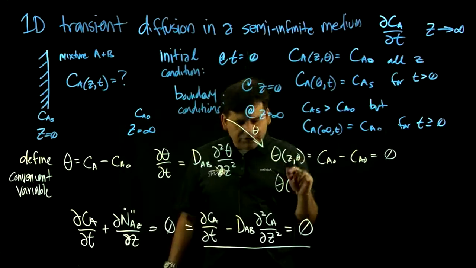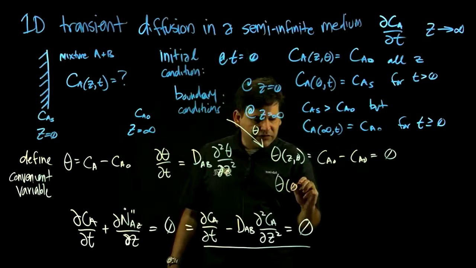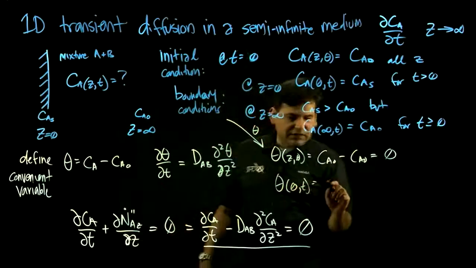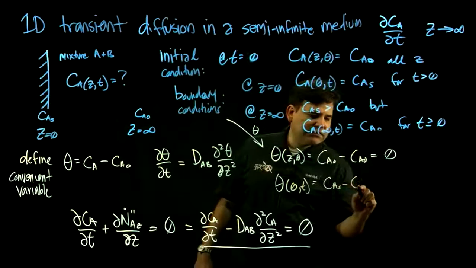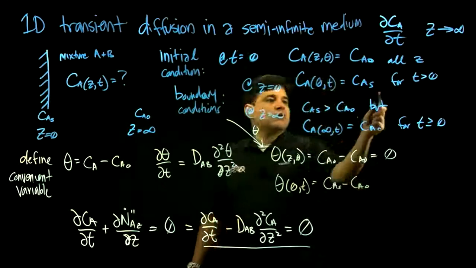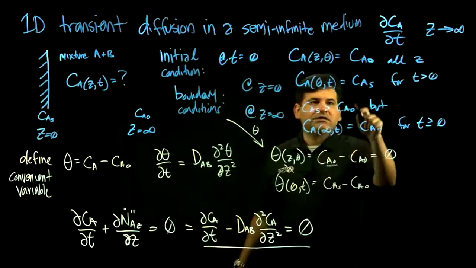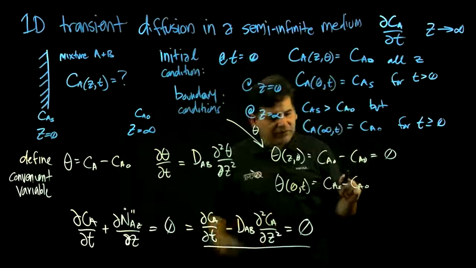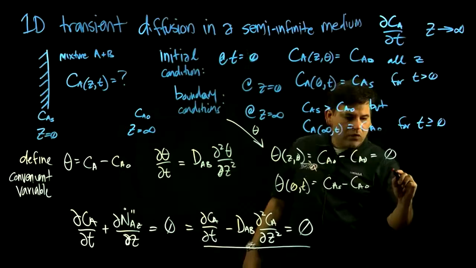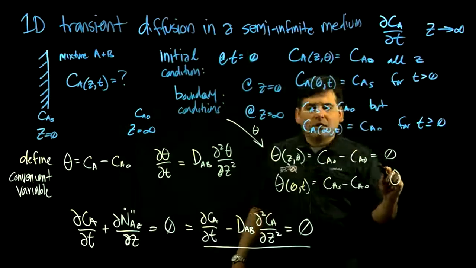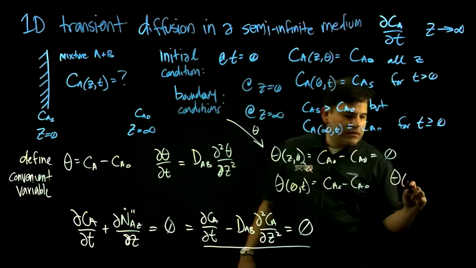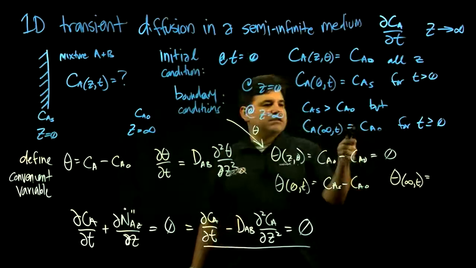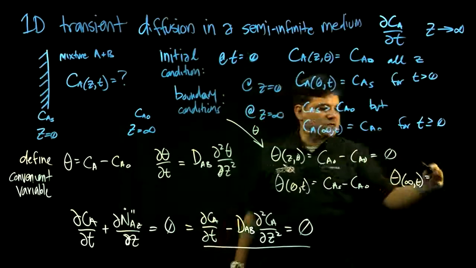That would be the initial condition, but then the surface concentration for all time stays the same, Cas minus Ca0. And for infinity, it's the same, Ca0 minus Ca0, this also becomes 0.